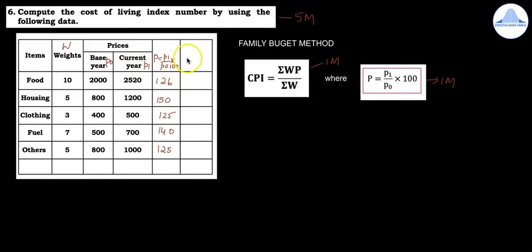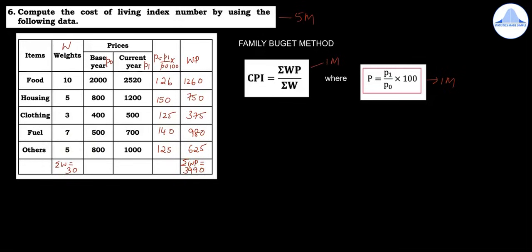Next we need WP. So WP will be 10 into 126 is 1260, then 750, then 375, 980 and 625. So also find out summation W. So summation W is equal to 30 and summation WP is equal to 3990.